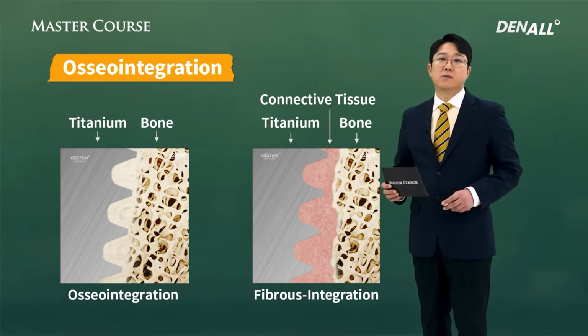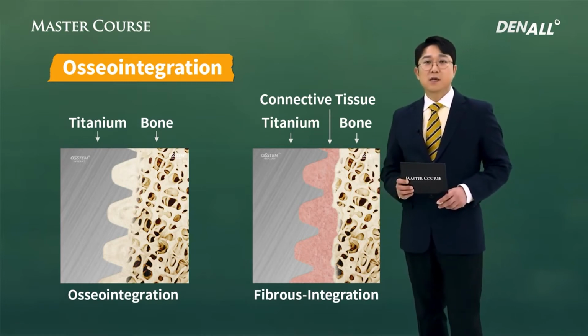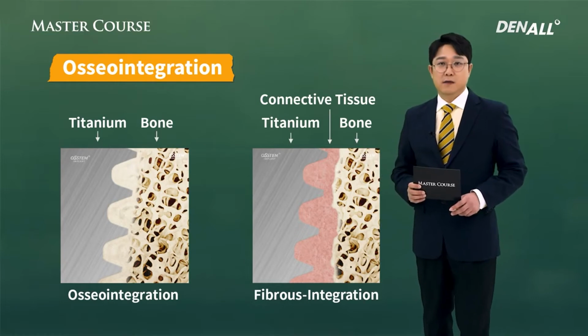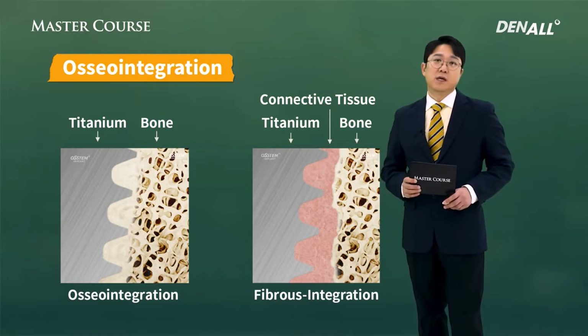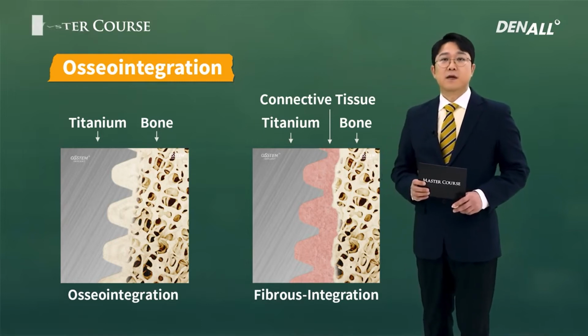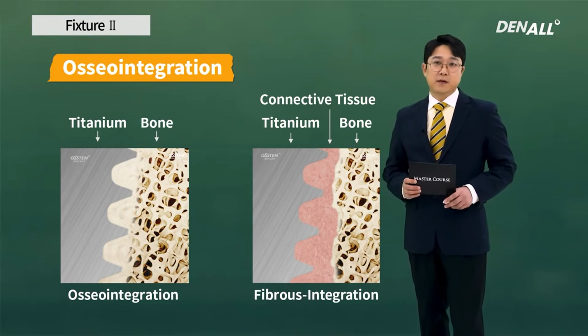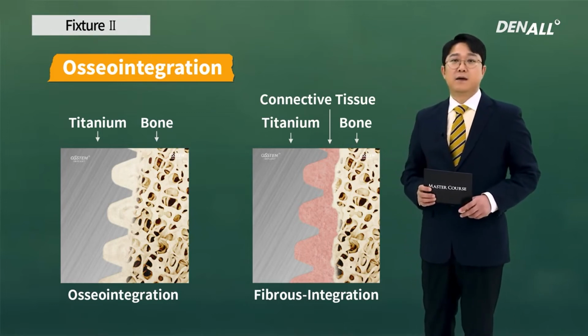It was connected to teeth. The fibrous integration worked like a PDL of a tooth, but due to mobility of the implant, it ended up as a failure. Therefore, fibrous integration can be considered as an implant failure.